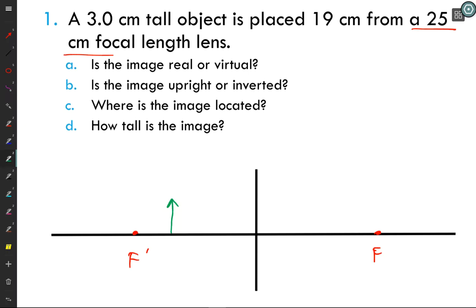You have the object and there's only one image position, so don't draw the image until you find it. We're looking through lenses.